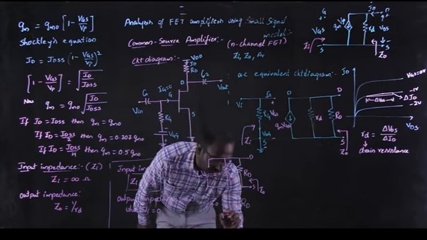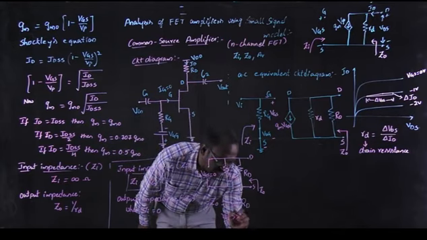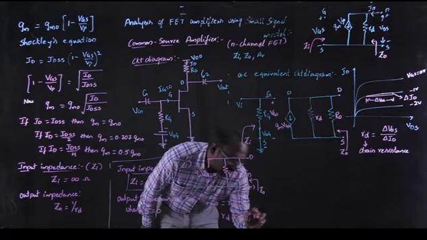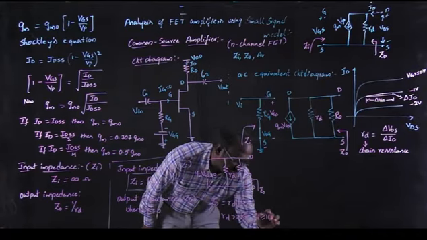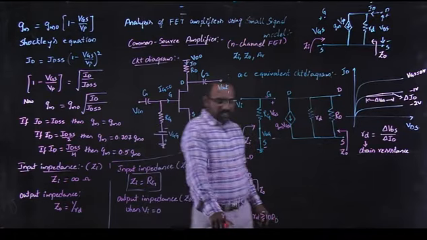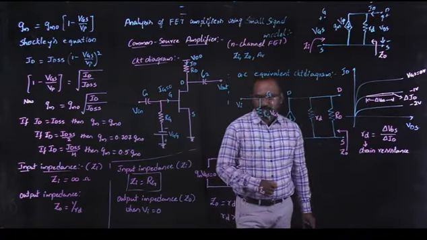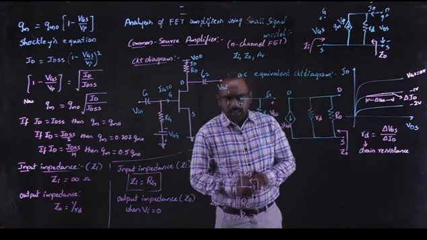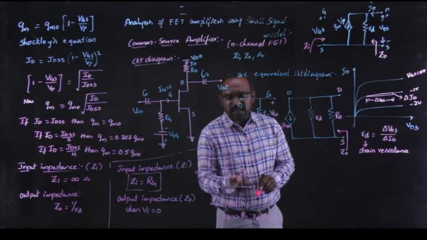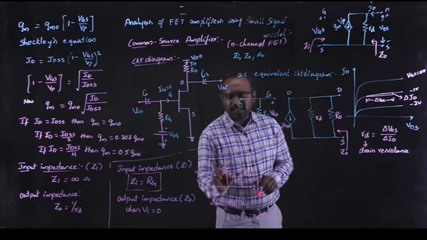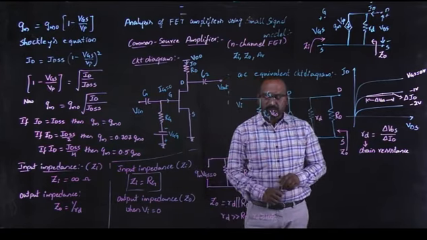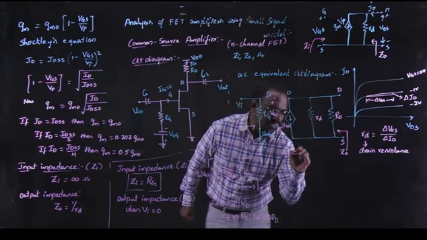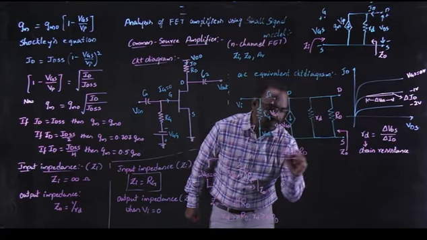Generally, the small rd value is very much greater, we can write rd is greater than or equal to 10 RD. You can follow this statement, whatever it may be. So rd value is higher. When a larger resistance is in parallel with a smaller resistance, generally we will neglect the larger resistance value. So I can write Zo is approximately equal to capital RD. Remember this value.